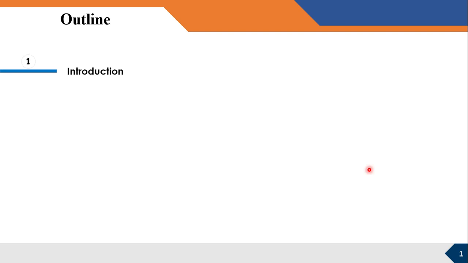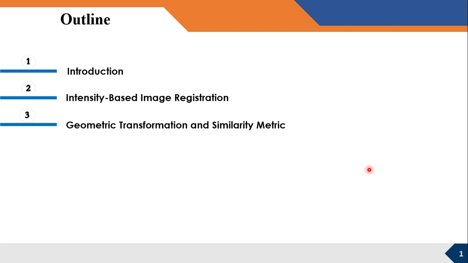So the outline of this presentation starts with an introduction to image registration, followed by a presentation of intensity-based image registration, and as a third axis we will present the geometric transformation and the similarity metric used in this work.